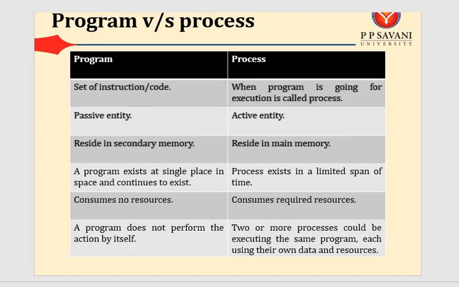Last but not least, a program does not perform any action by itself. Two or more processes could be executing the same program, each using their own data and resources. I hope you are clear about what a program is and what a process is. Let's move to the next topic.